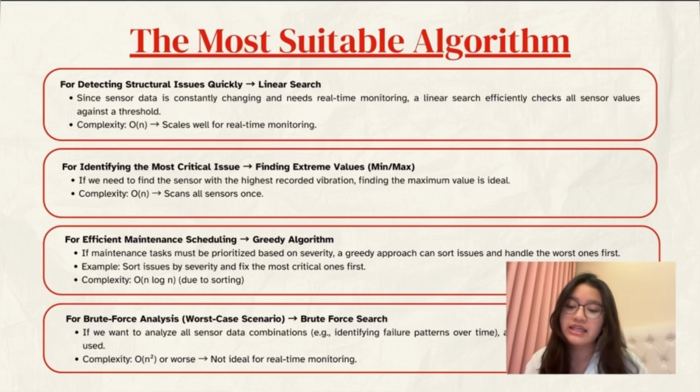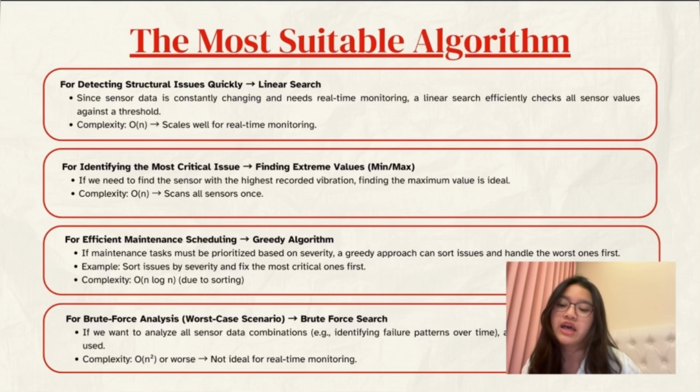And last but not least, for brute force analysis of the worst case scenario, use brute force search. If we want to analyze all sensor data combinations by identifying failure patterns over time, a brute force approach could be used.